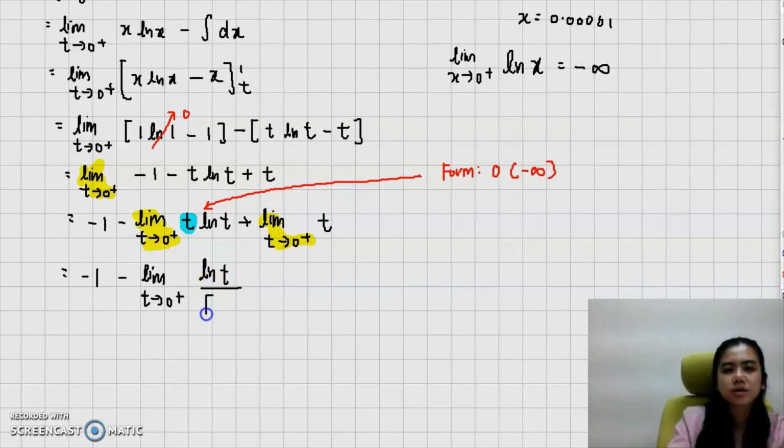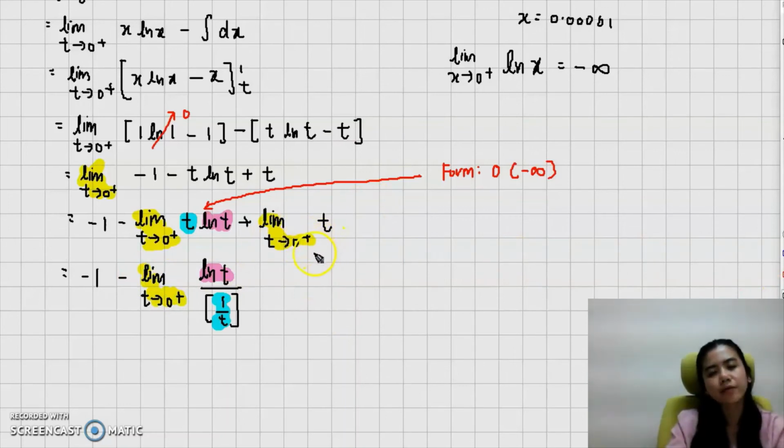So we write it this way, 1 over the t. This one I'm going to write back. For this case, you have no problem to substitute the t as 0. So we have a plus 0 here.